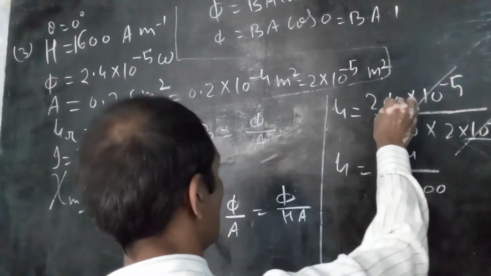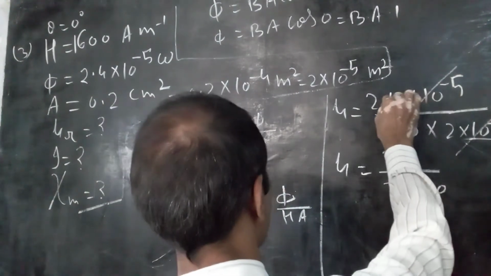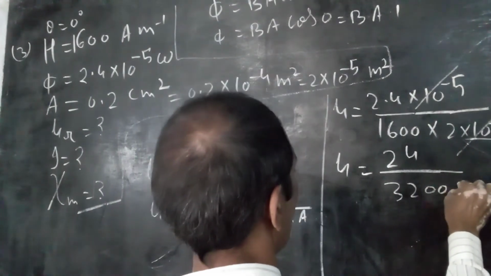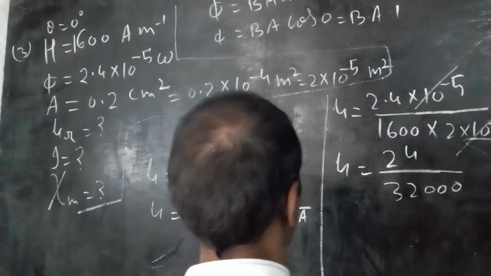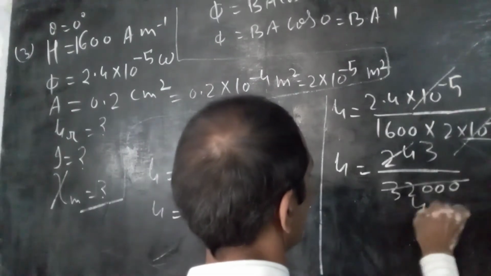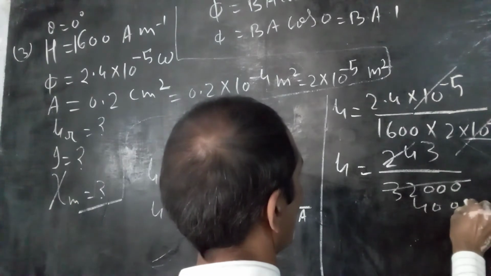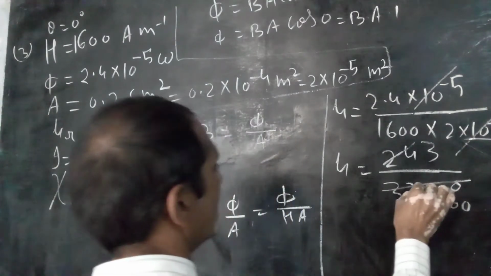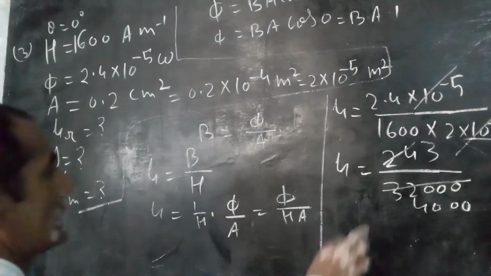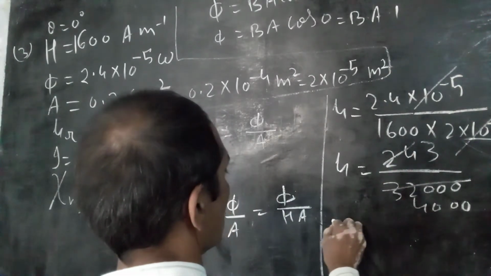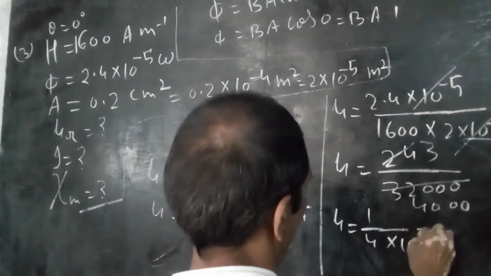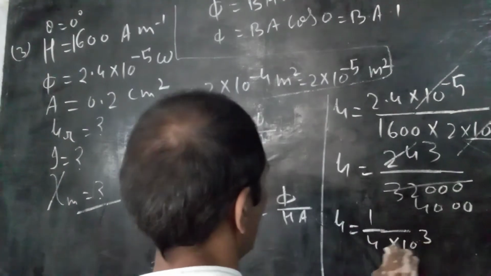To remove this decimal, multiply numerator and denominator by 10, then you get 24 upon 32000. Simplifying, 8 3s are 24, 8 4s are 32. So mu is equal to 3 upon 4 into 10 raised to power 3.